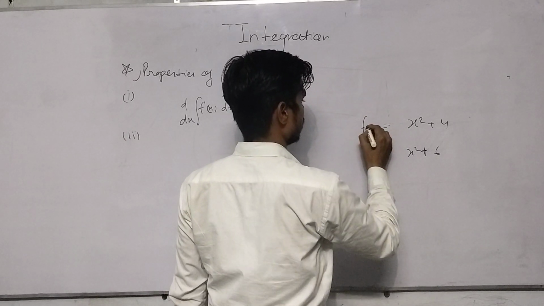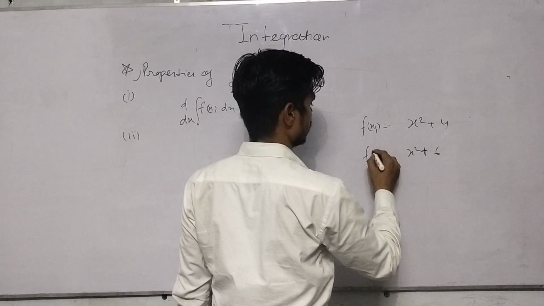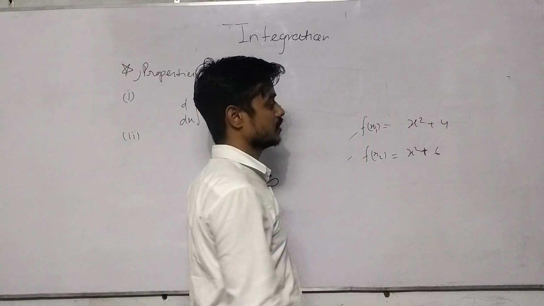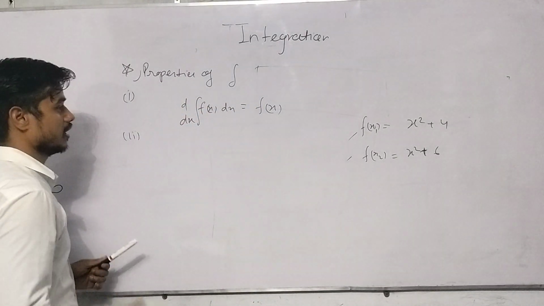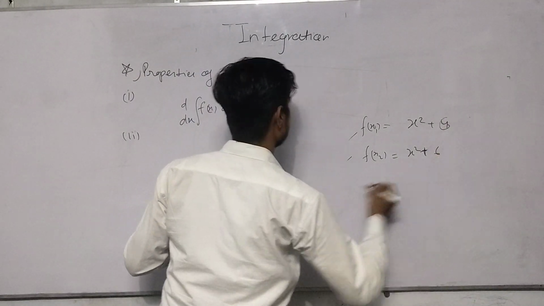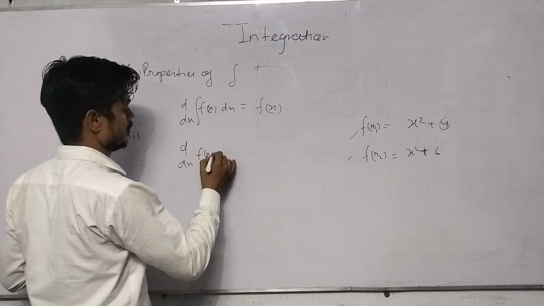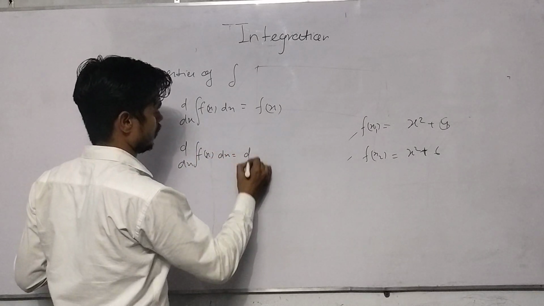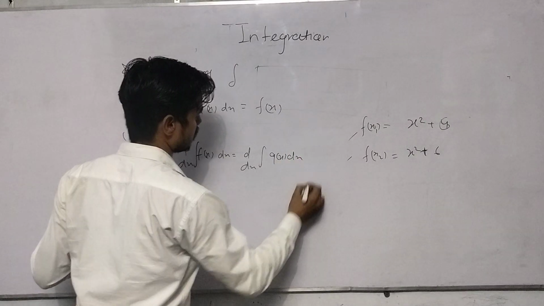Sorry, this is the first equation f1 and f2. So in that case, both of the differentiations will be the same. So when the family of curves is the same, d upon dx of the integral of f1 dx and d upon dx of the integral of f2 dx will be the same.